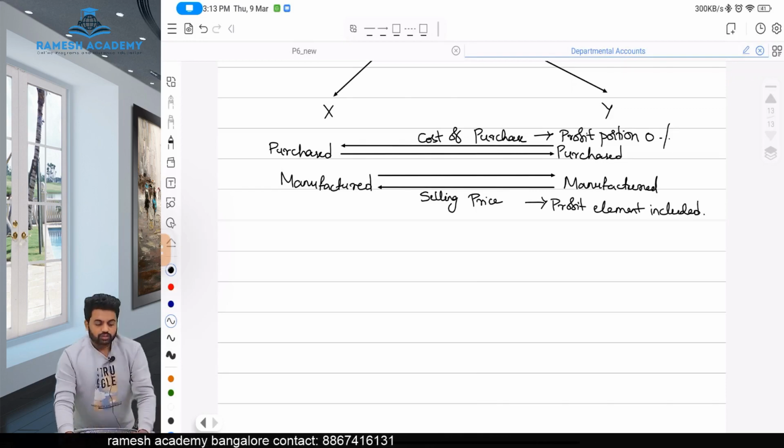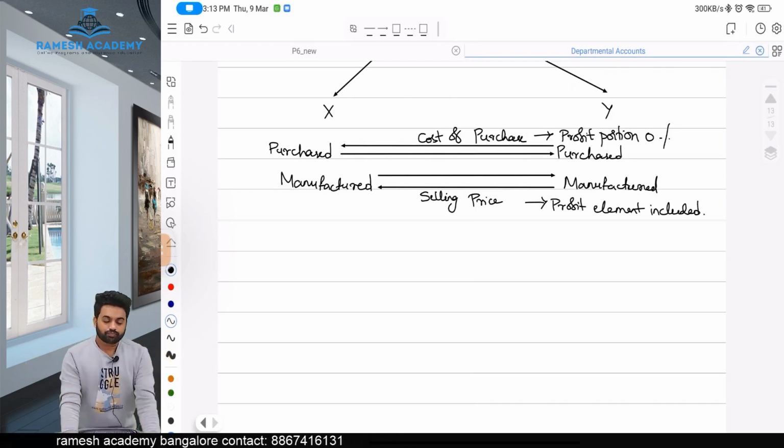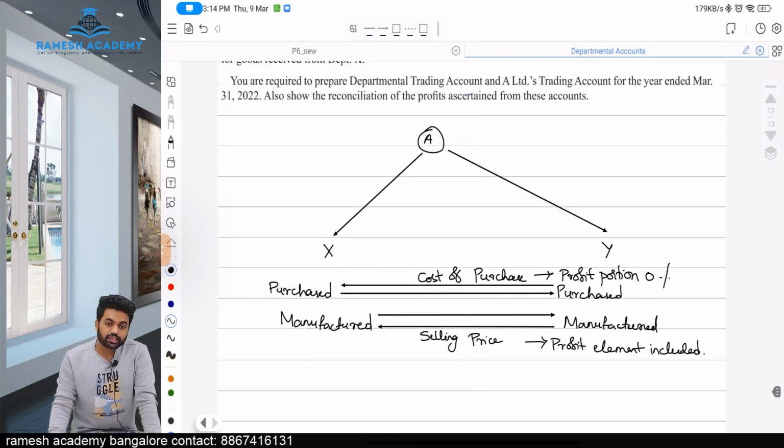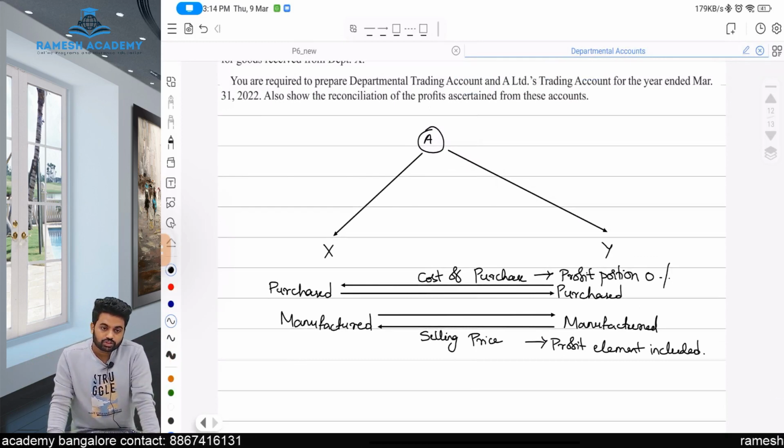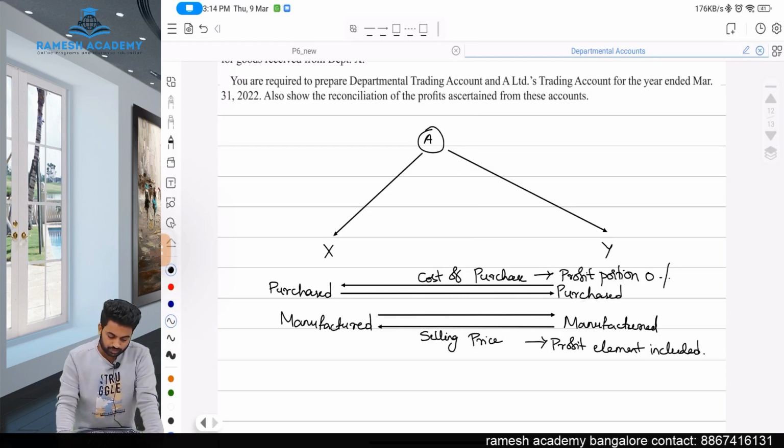So far is it clear? Is this much of the story clear?